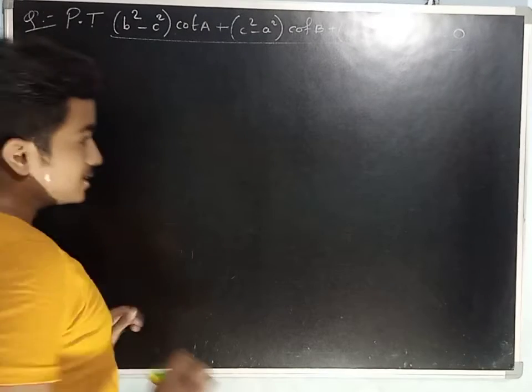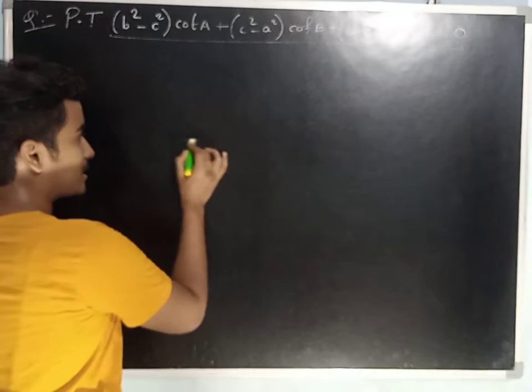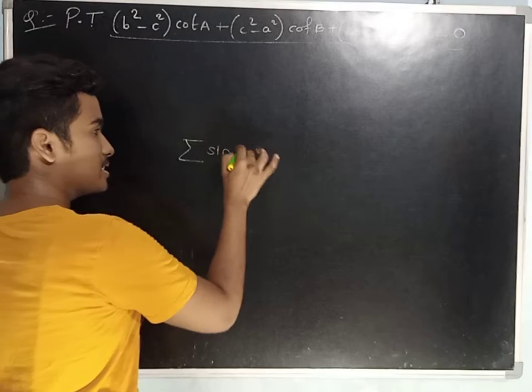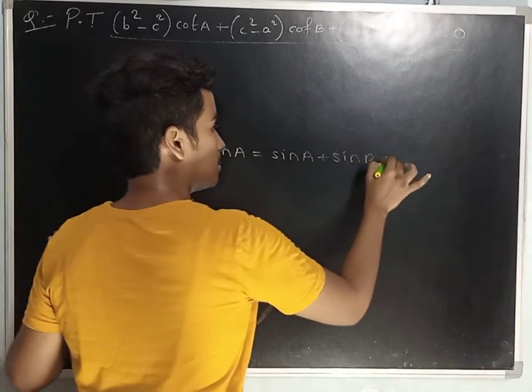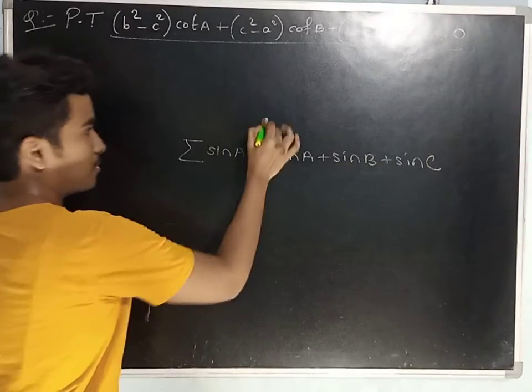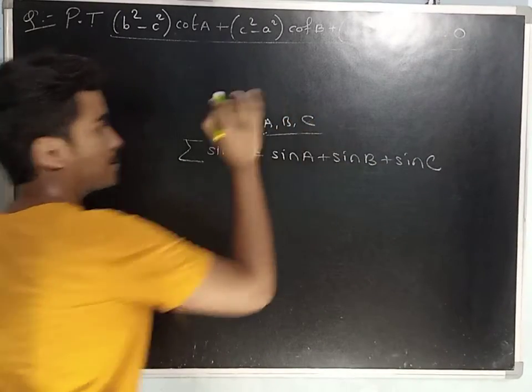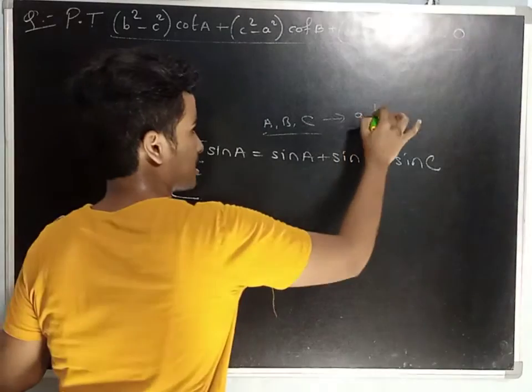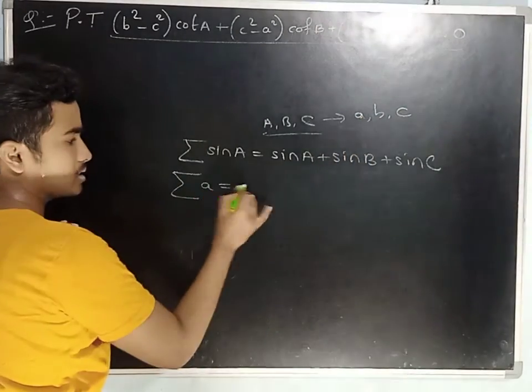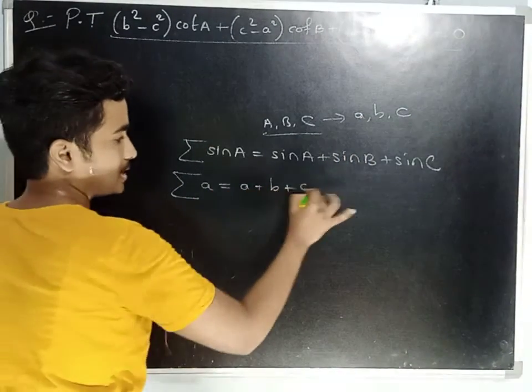Regarding notations, here is another thing. Sigma sin A is nothing but sin A plus sin B plus sin C, for all given angles A, B and C. Similarly, sigma sides: suppose the sides are a, b and c, sigma a is equal to a plus b plus c.